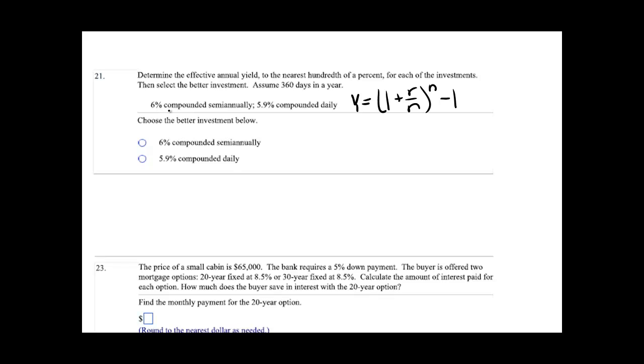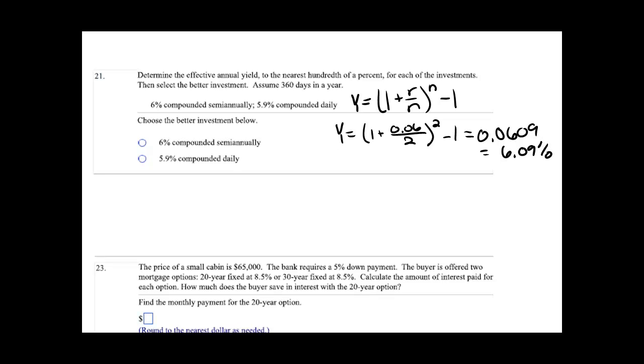So for our first option at 6% compounded semi-annually, we'll have y equals 1 plus our 6% over 2, since semi-annually is twice per year, squared, minus 1. And when we put that in our calculator, we're going to get 0.0609, which is 6.09%.